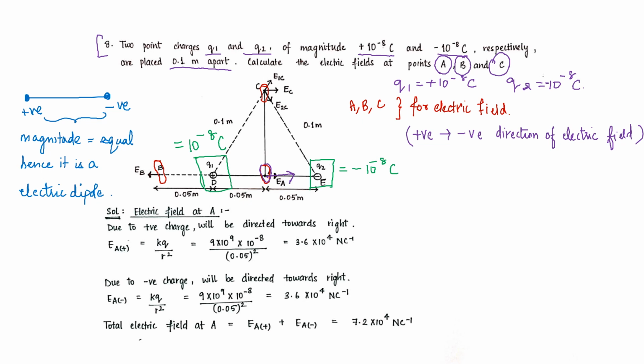So here this is the direction of electric field. Now we will look at B. Okay, so what is happening in the case of B? The positive charge is over here, the negative charge is over here, and the distance between them is approximately 1.5 meter.